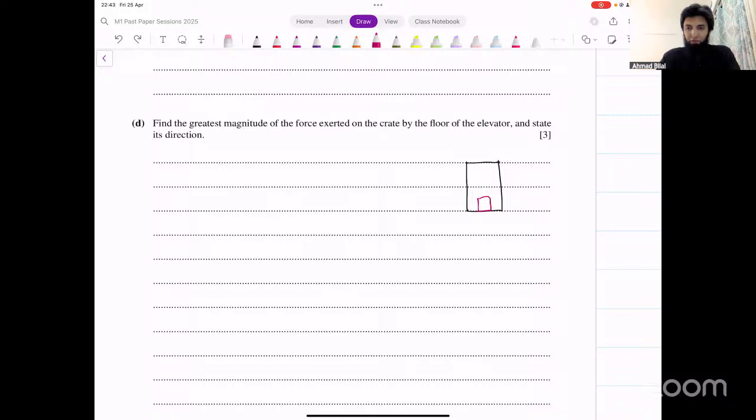There's the weight of the crate that acts vertically downwards. That's 10 times m. There's the normal reaction, the reaction that the lift applies on that crate, that acts vertically upwards. These are the only forces that we've got.